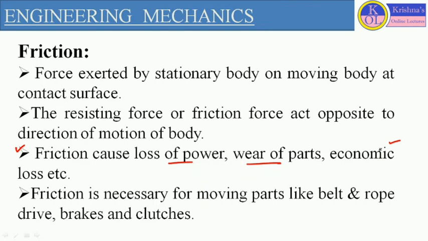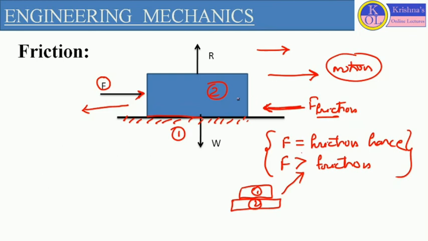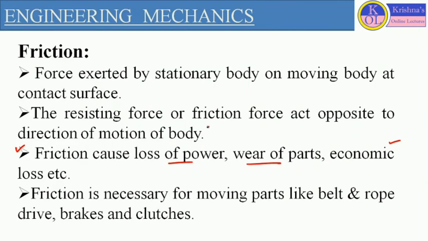Here, if we are considering two surfaces which are in contact, when this body is moving over another surface, what will happen? The contact surface can wear out because of the applied force and because of the resisting force. So this wear of the surface represents the loss of power, or the economic loss.